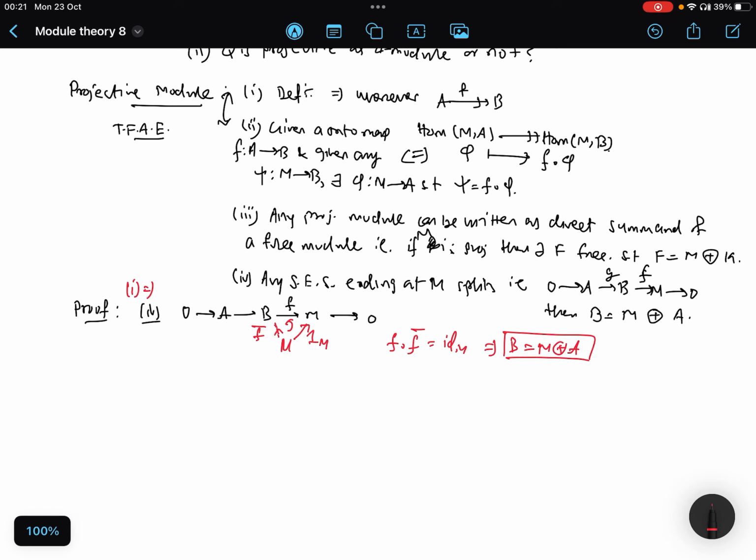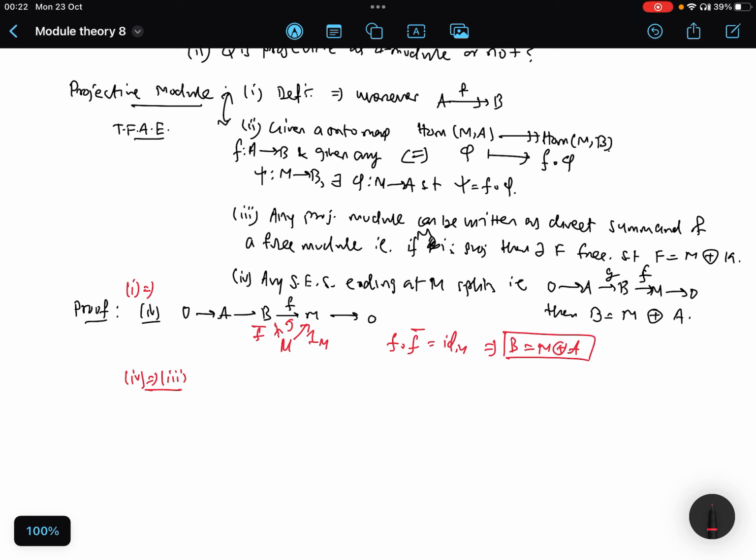And now let's see how four implies three. That is easy because if you have any module, you can always write it as a quotient of a free module, right? That is because of the universal property of free modules.